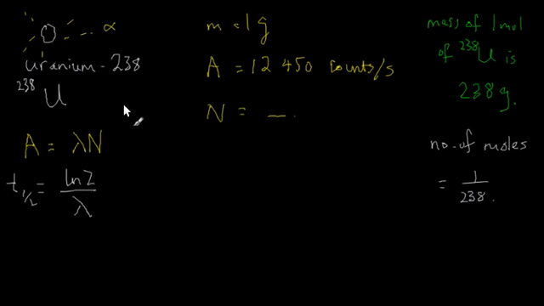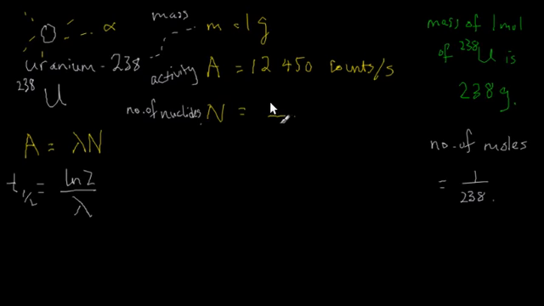Let me write this out in case we get lost in the symbol. So the 1 gram is the mass of the uranium-238. That's the mass. This is the activity, and this is the number of nuclei. Or we can loosely think of it as the number of atoms, which is basically the same in this case.